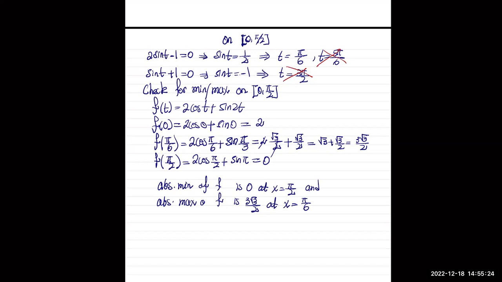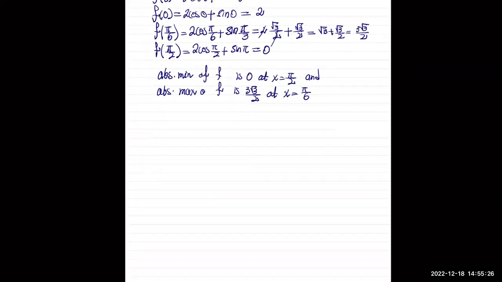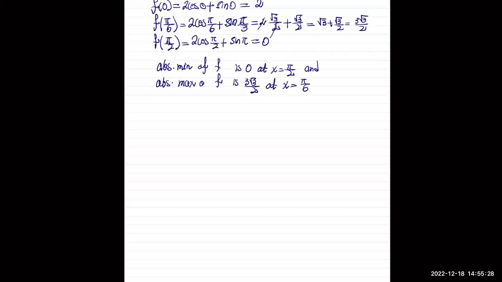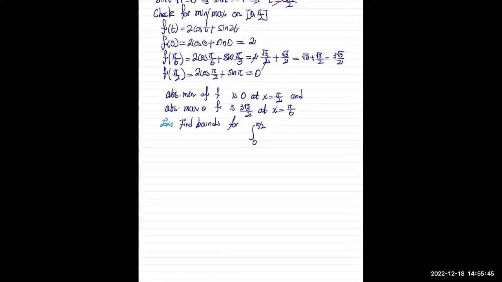Again, using the max-min inequality. Okay, so let's just do that and get it out of the way. You're going to find bounds for the integral from 0 to pi over 2 of the function, which is 2 cosine t plus sine 2t.